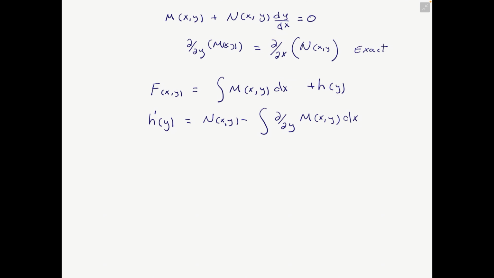And h prime of y is equal to N of x, y minus d dy of the integral of M of x, y dx, and that's it. So that's our method for exact equations.